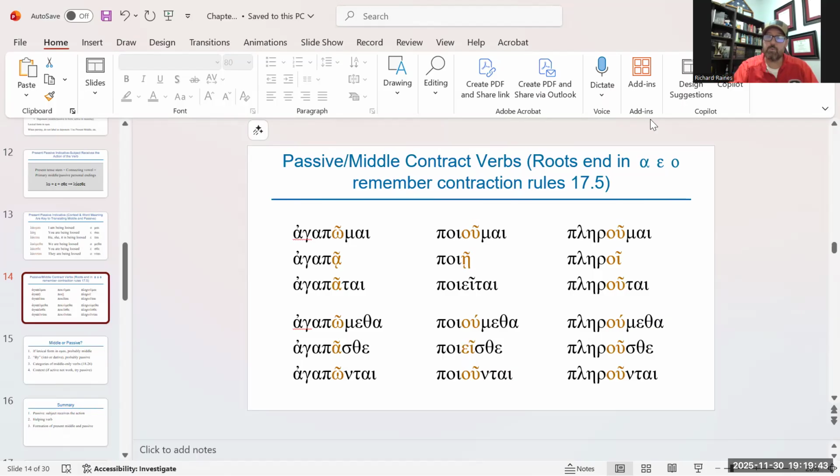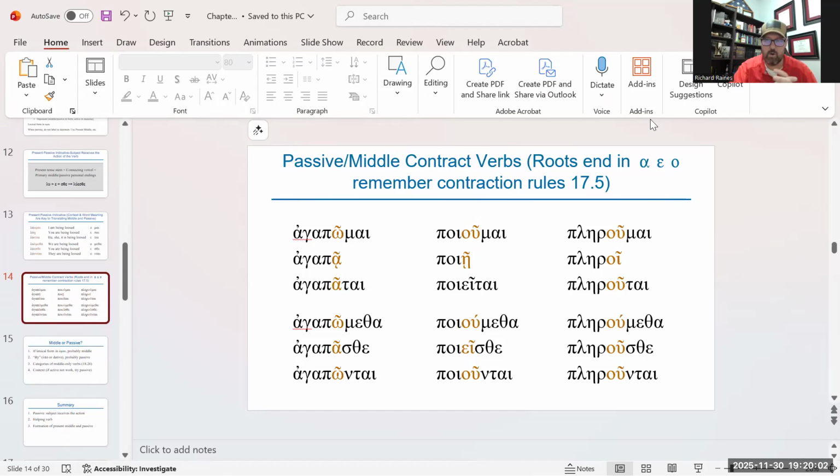And then when it forms with the vowel of the suffix, the contraction is shifted to a different vowel or a different diphthong. And in most of the cases, you see the circumflex above the vowel.